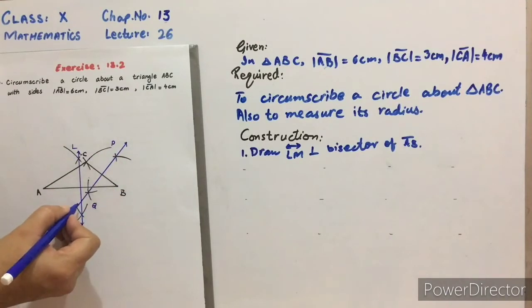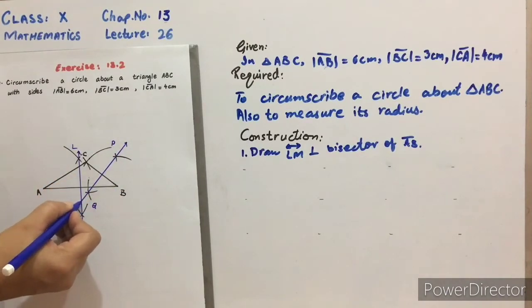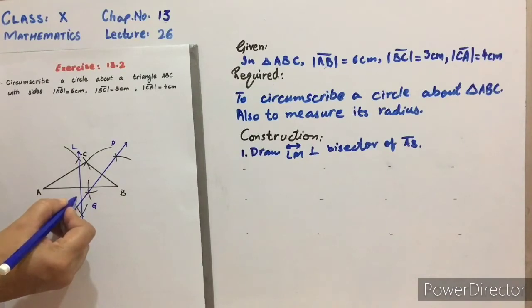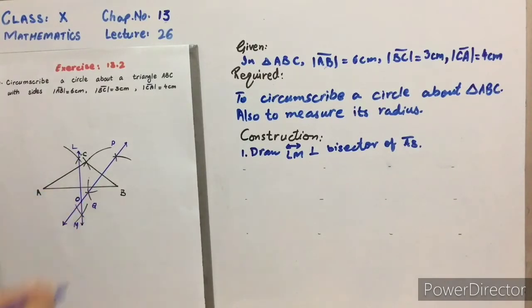Both the bisectors intersect each other at a point which is the circumcenter of the circle, say O.